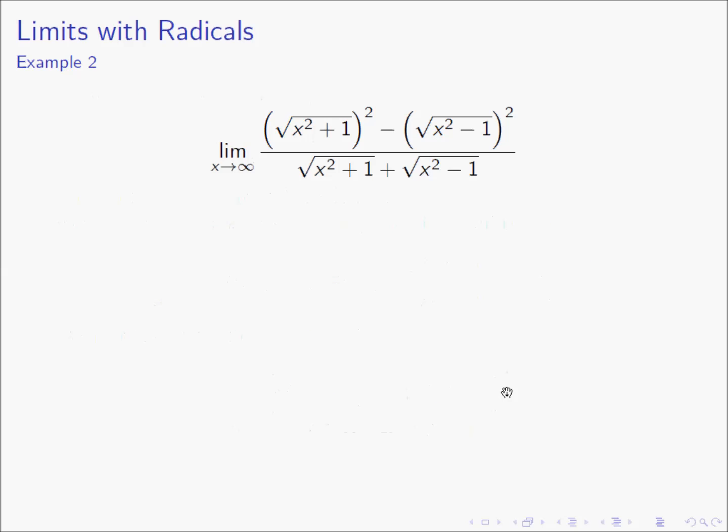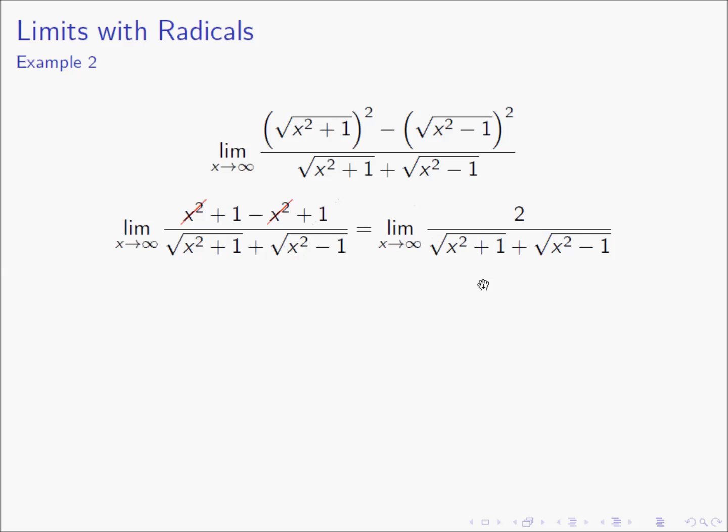So now it's quite easy, because this square root squared is just x squared plus 1, minus x squared plus 1, and the 2x squared cancel out, and we have this expression.